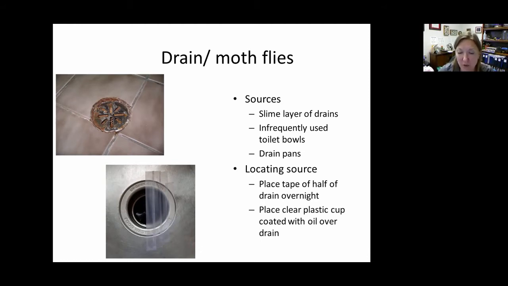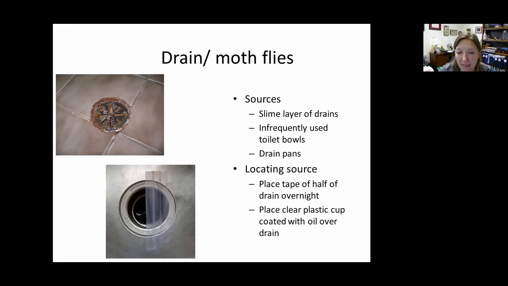So locating the source, if you're trying to find if they're coming out of a drain and what drain they're coming out of, you can do what you see in the bottom photo there. You can place tape over half of the drain overnight, and then check it in the morning to see if the flies are emerging from that.